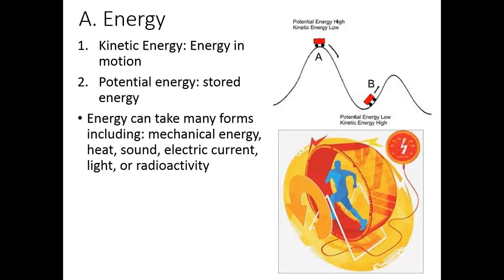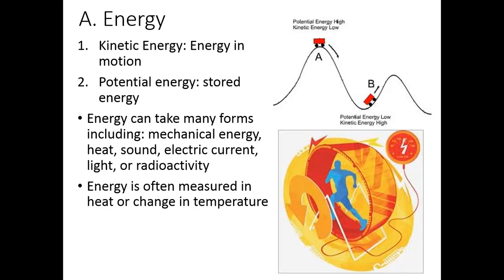And energy can take a lot of forms. We already talked about heat. We talked about mechanical energy, which is movement. There's also sound. Electricity is a form of energy. Radioactivity and light are also forms of energy. And energy is often measured as heat. It's just the simplest way to measure it.